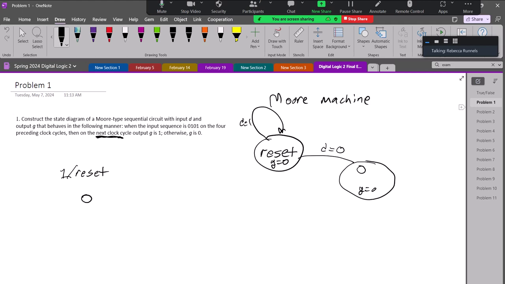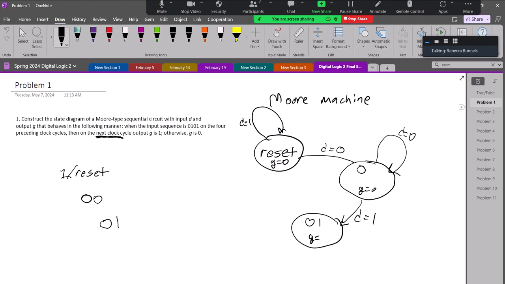Okay, now if I'm in state 0 and I get another 0, well, I haven't advanced any, but I still have my 0, so I can stay where I am. I still have 1, 0. But if I get a 1, then I'm making progress towards my goal here. And now I have 0, 1.